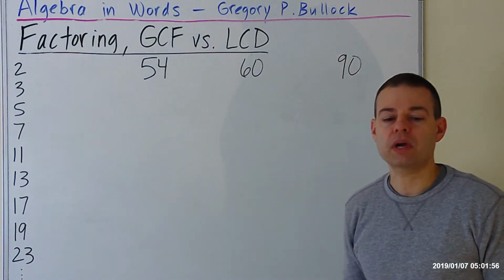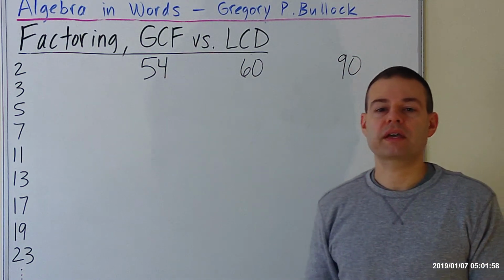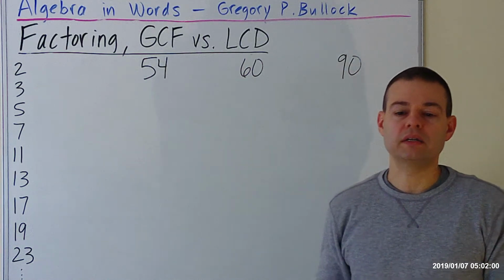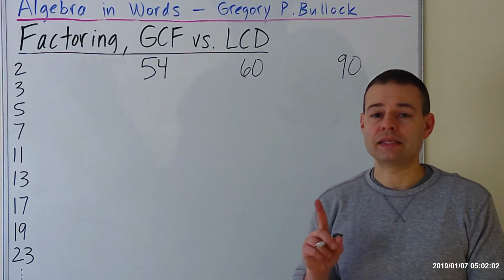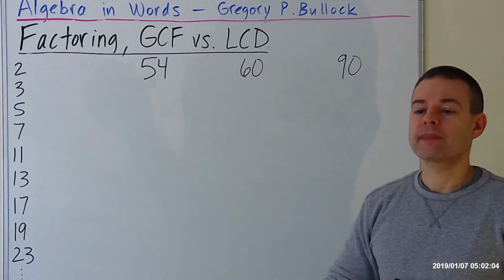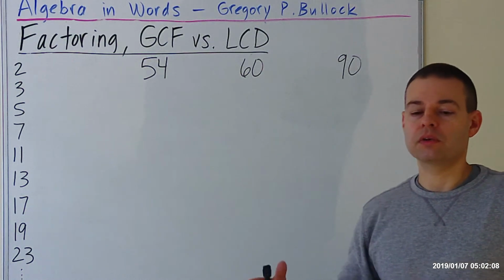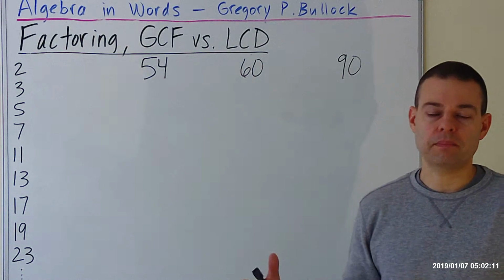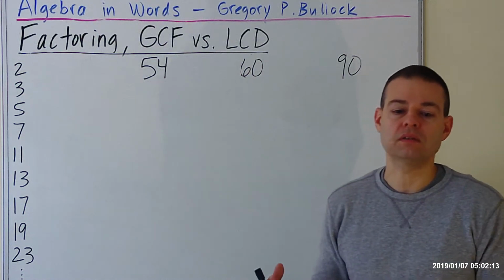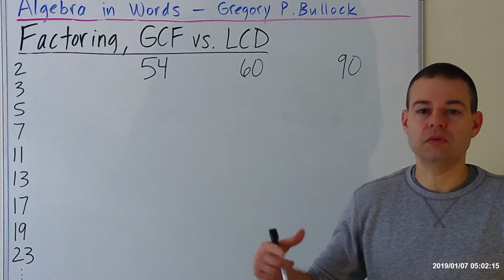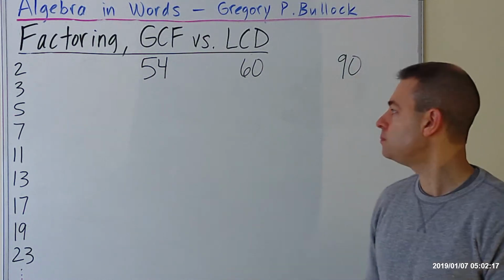Remember that a prime number is any number that can only be divided by itself or 1. Keep in mind that 1 is not considered a prime number, and the opposite of a prime number is a composite number, which means it's a number that can continue to be factored into prime factors.